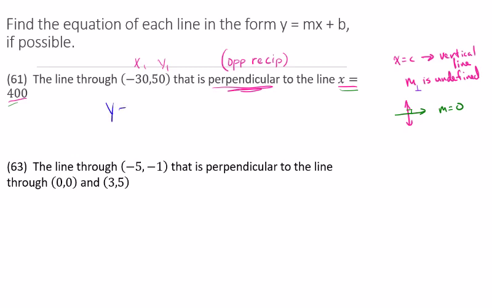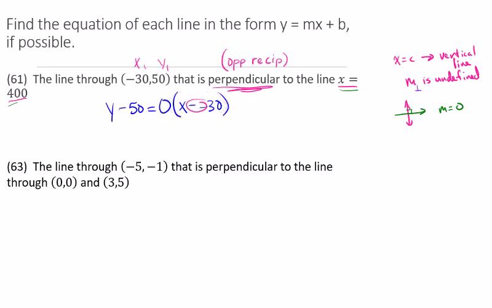We're going to go y minus y1 equals m, which is 0, times x minus x1. Whatever's in here is going to be multiplied by 0, and 0 times anything is 0.